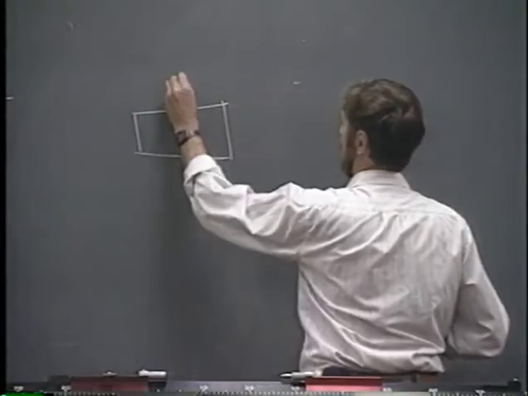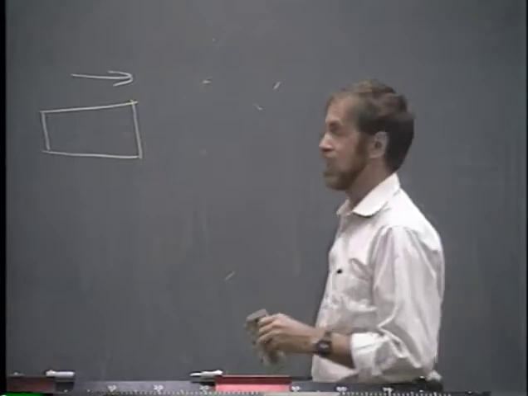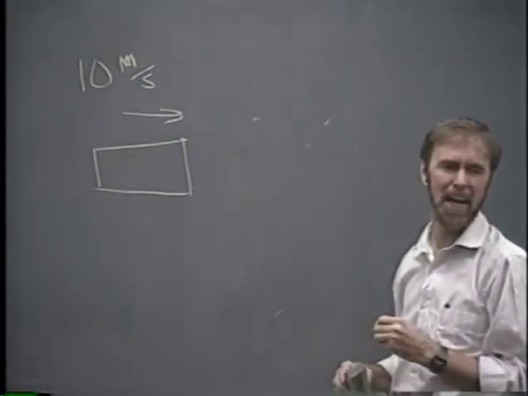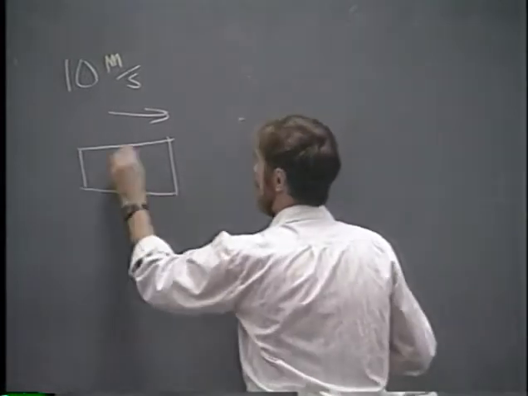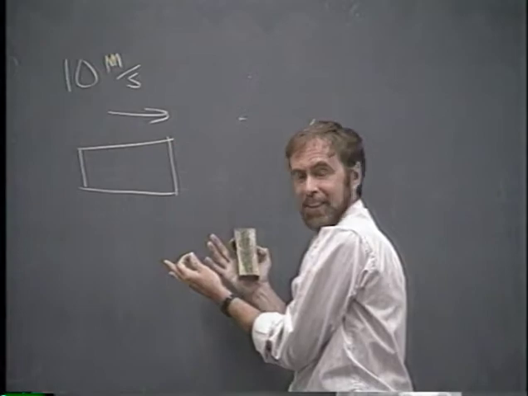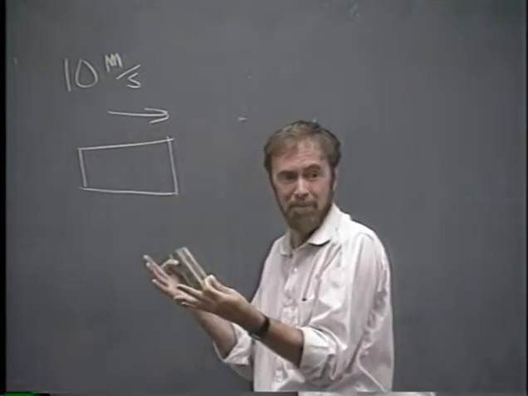You've got one car coming in with a speed. Let's suppose the mass is 1 kilogram. So it's coming in at 10 meters per second. Let's just make that up. Okay? And it has a mass of 1 kilogram. So what's the momentum of the object? It's 1 times 10 is 10. 10 units of momentum. Okay?